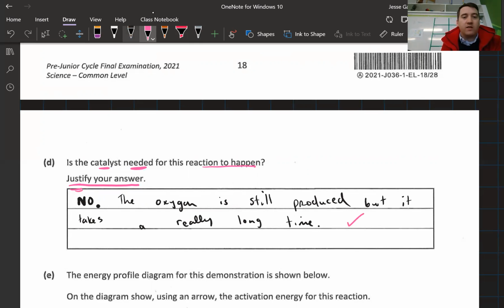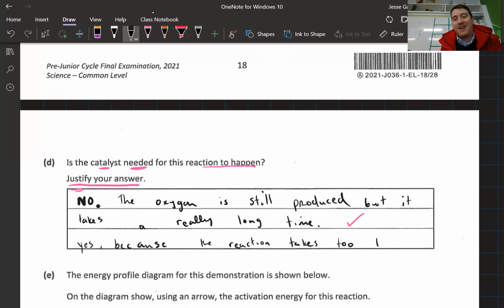Now, you could have also said yes, because the reaction takes too long without it. I don't think this answer is as good, but they were accepting this. So I prefer the first answer a lot more. But yes, because the reaction takes too long without it.